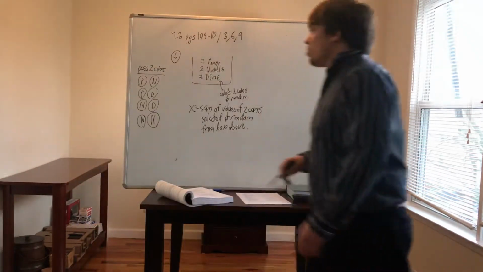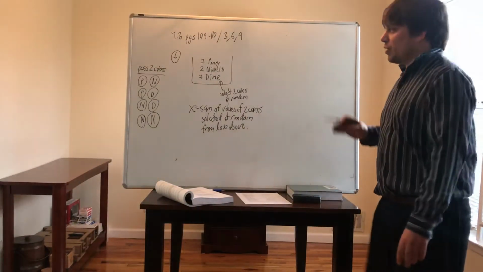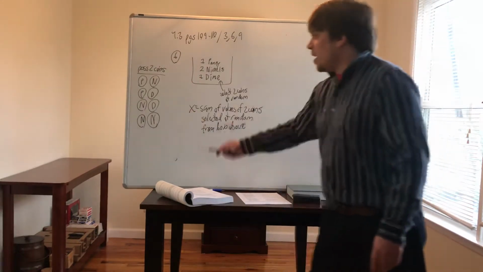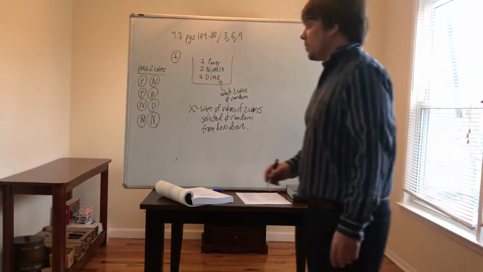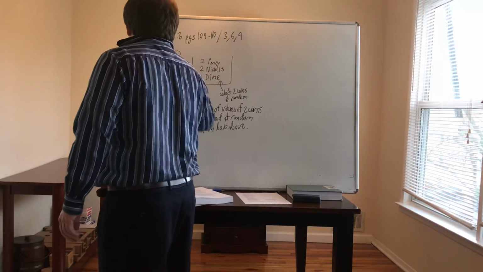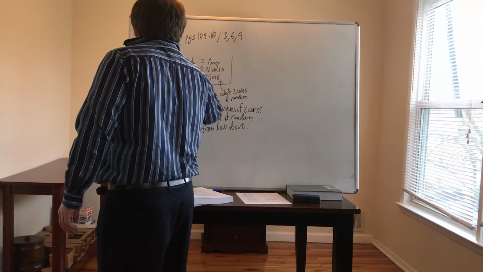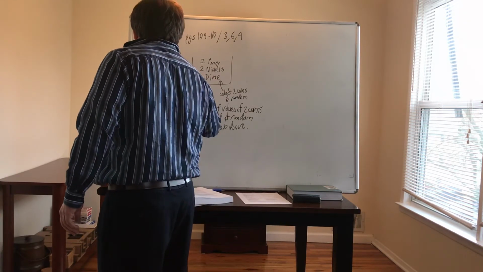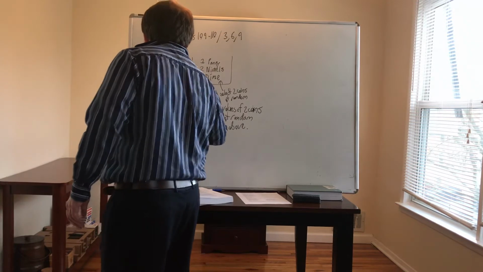And so these are the 4 possible ways we could pick 2 coins from that box: a penny and a nickel, a penny and a dime, a nickel and a dime, or a nickel and a nickel. And if you add up those values, you're going to get 6 cents here, 11 cents here, 15 cents there, and 10 cents there.